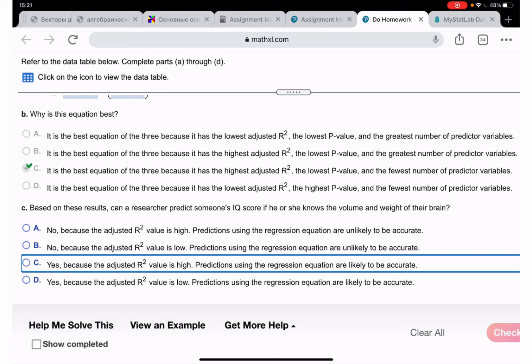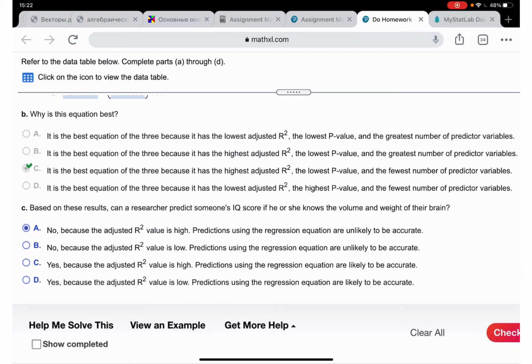So it's going to be either B or D. Low meaning it's negative, right? So usually the predictions using the regression equation are unlikely to be accurate. So it's going to be this one. No, high, because adjusted value is low.